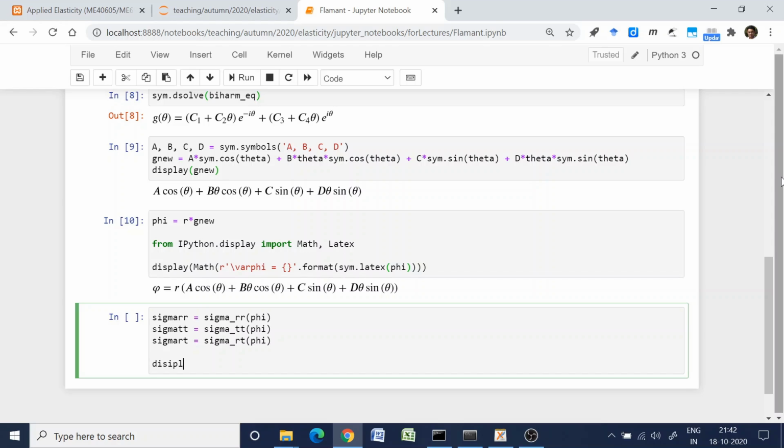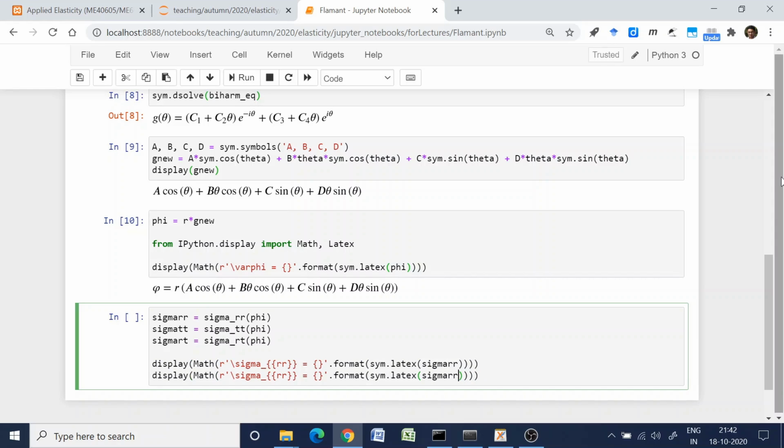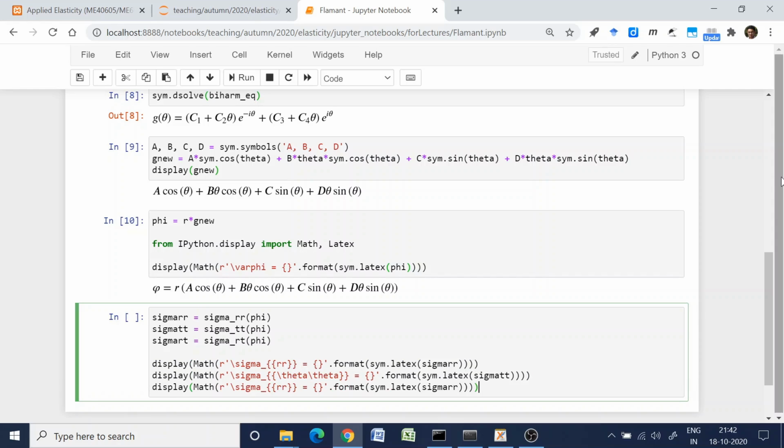And again, I use my IPython display style. I quickly copy paste this to reduce the typing. Let me finish that up quickly. That is sigma r theta.